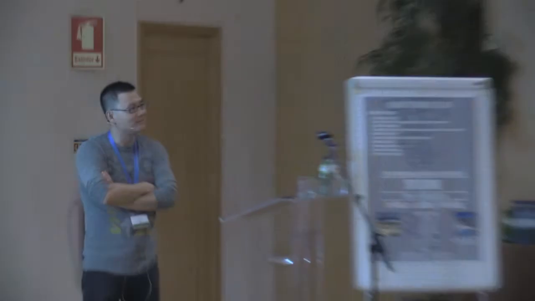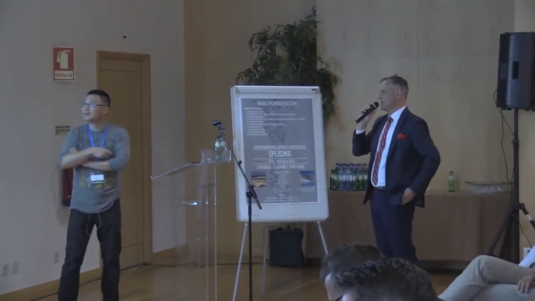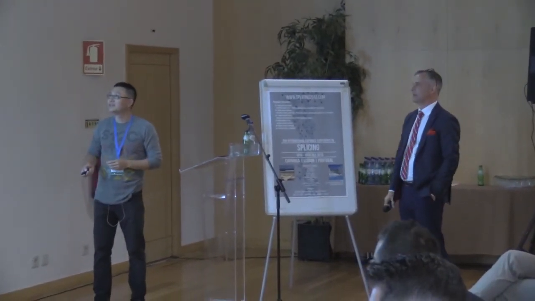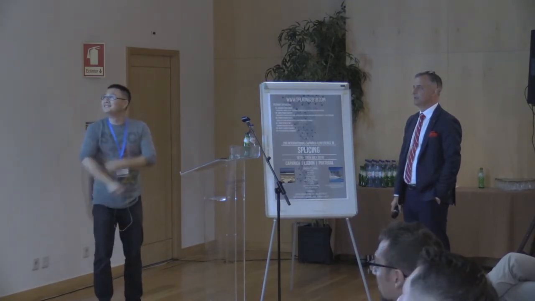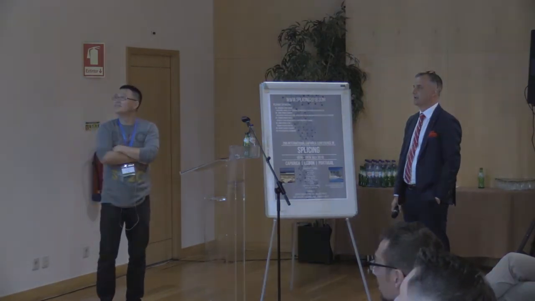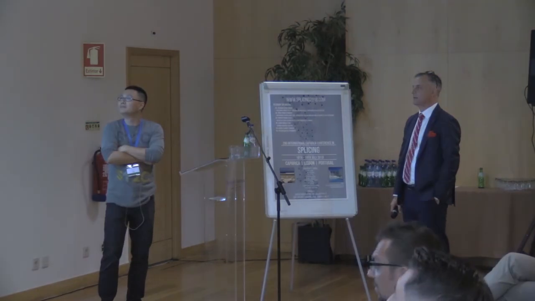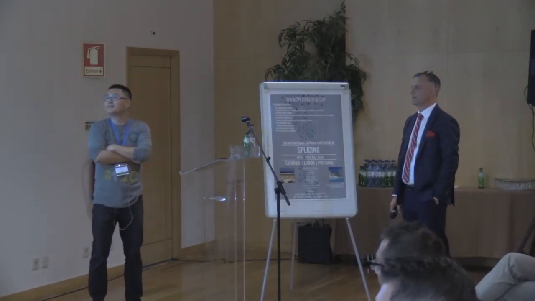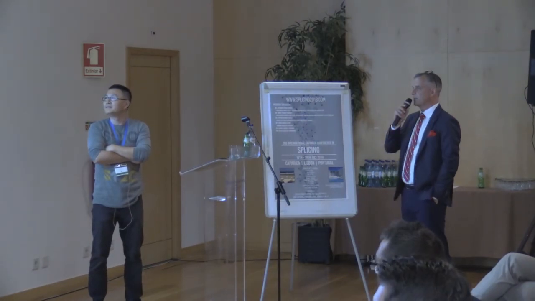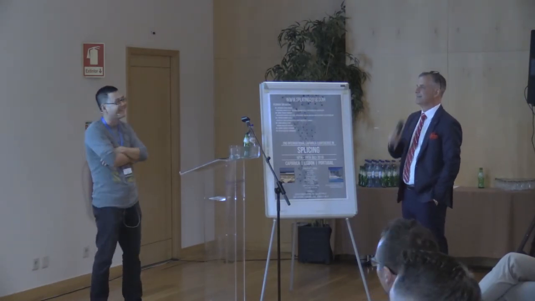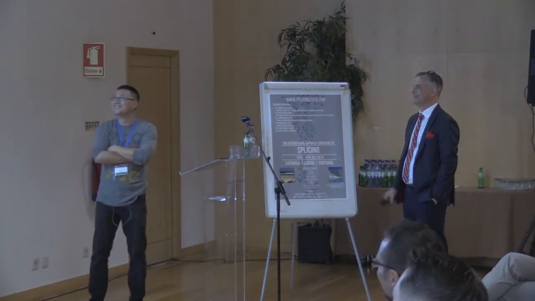So just for finishing, could you go to the first slide? The first slide. Maybe he can do better. Second slide then. University of Virginia. You want to see that?